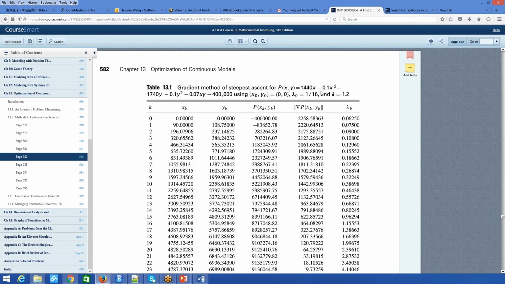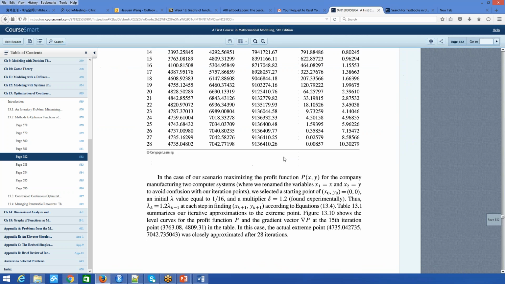For this function, using the starting point, lambda 0 is 1 over 16. Here it specifically says that lambda k is 1.2 times lambda k minus 1.